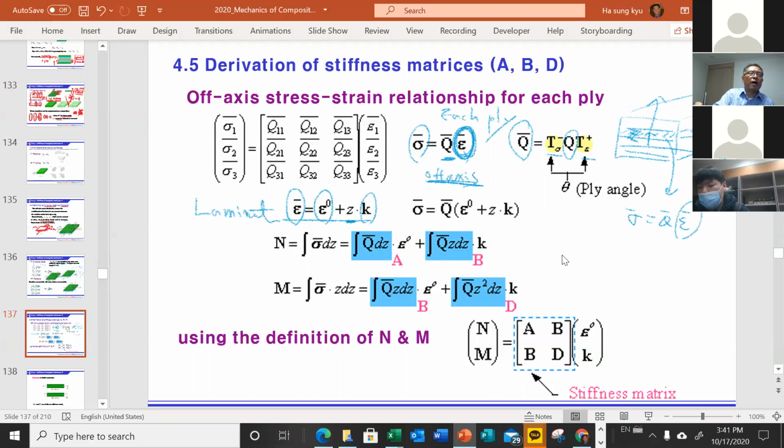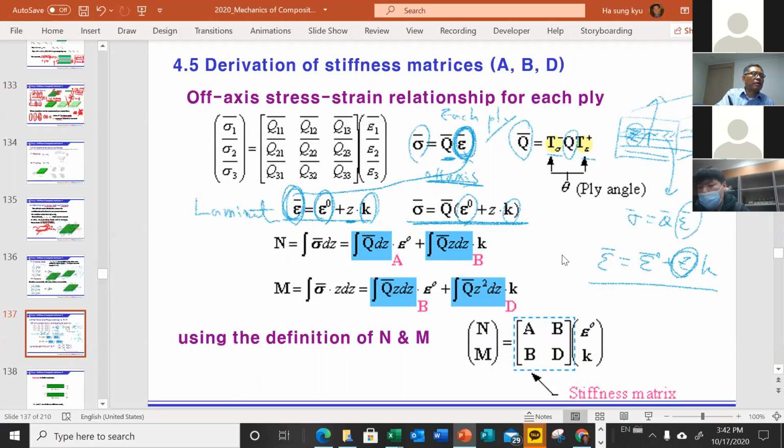So this epsilon bar is the off-axis strain, but now from this laminate, we notice that epsilon zero is the in-plane strain and there is curvature. So this is the Z, which is the location of this ply, and that is the strain given in terms of in-plane strain and curvature. So this epsilon bar will go into here, and now we have these equations with epsilon zero and curvature.